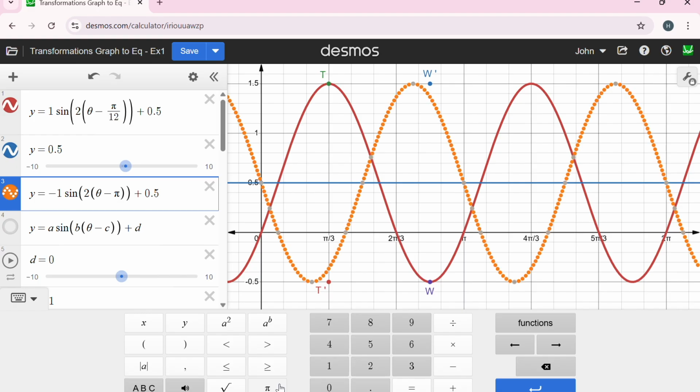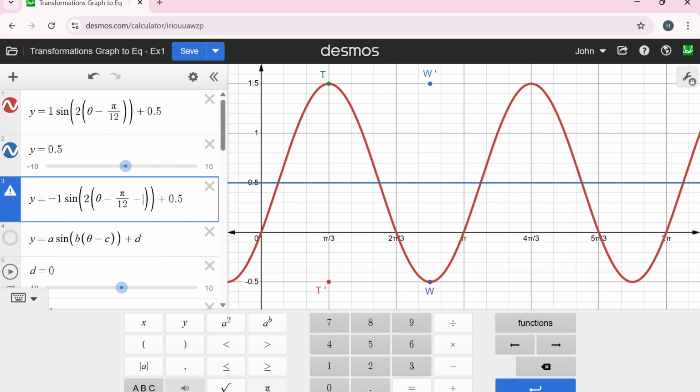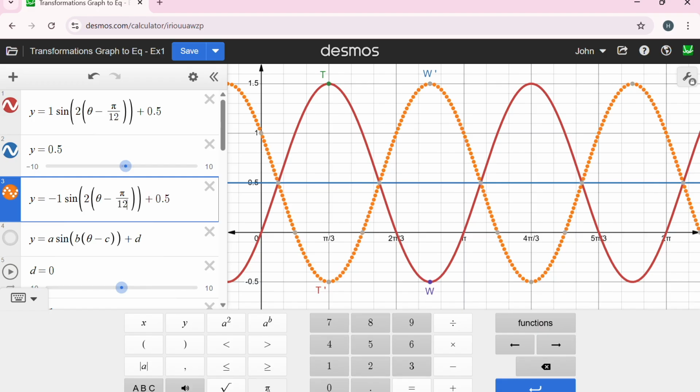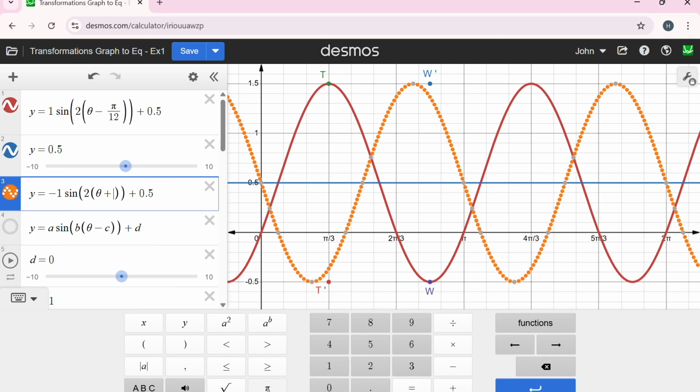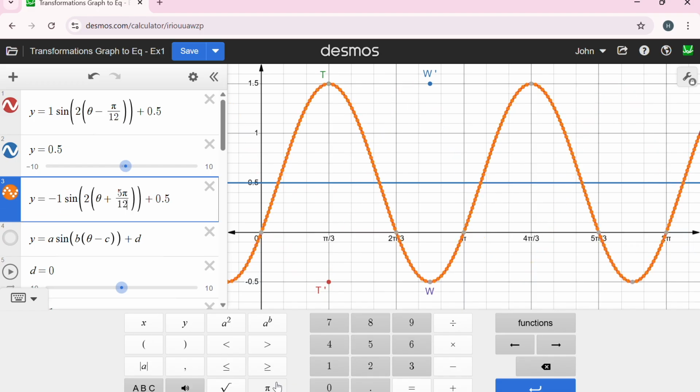So in our notes, it's theta plus 5 pi divided by 12. And once I do that, this is exactly what we had for the negative a version here. If we phase shift it pi over 2 units to the left, I get theta plus 5 pi over 12 inside the brackets, and I end up matching our sine function. Okay, so that's the sine value.